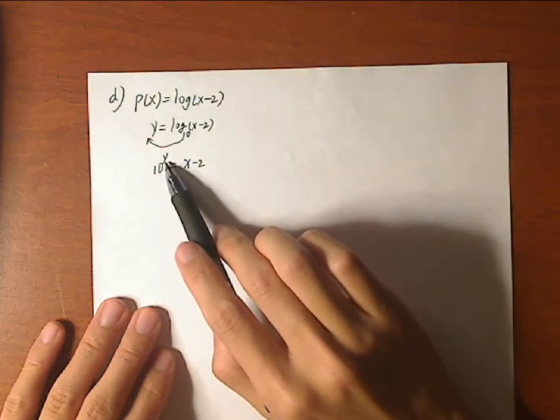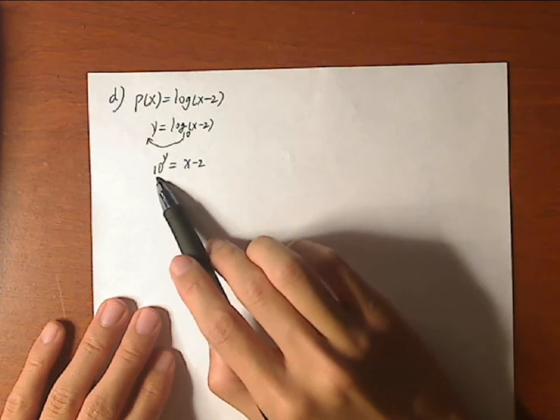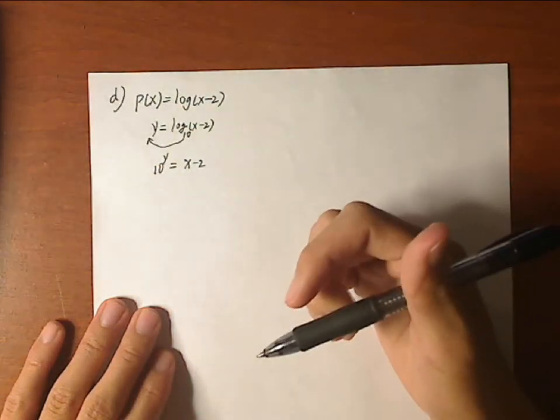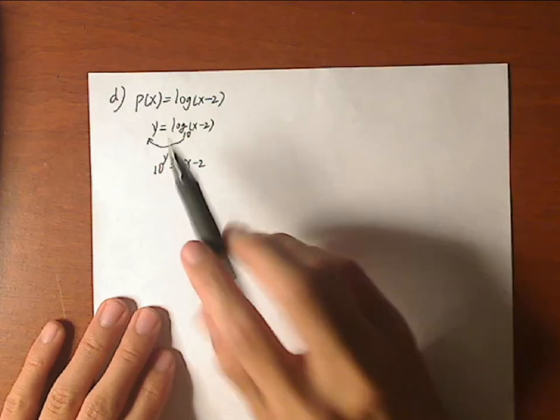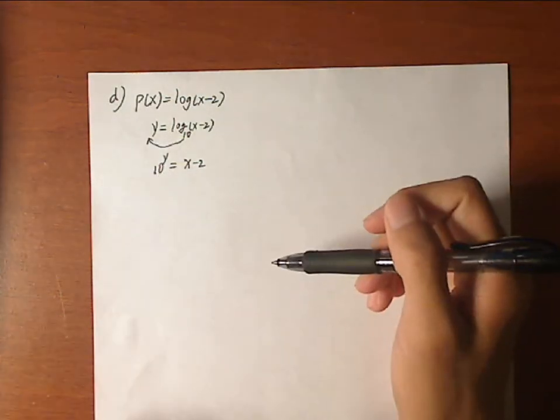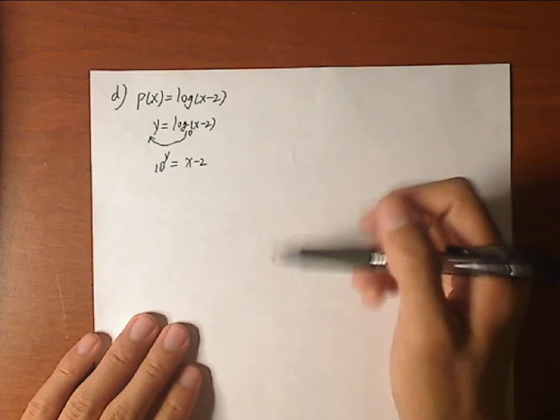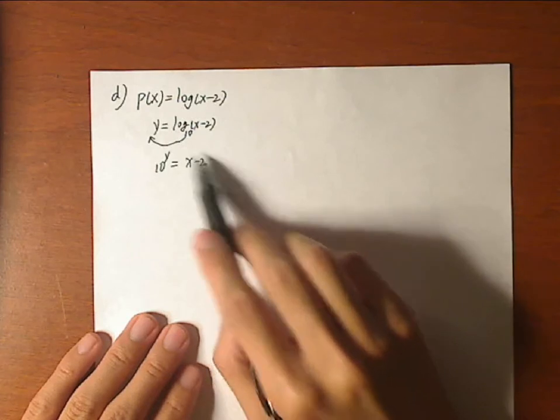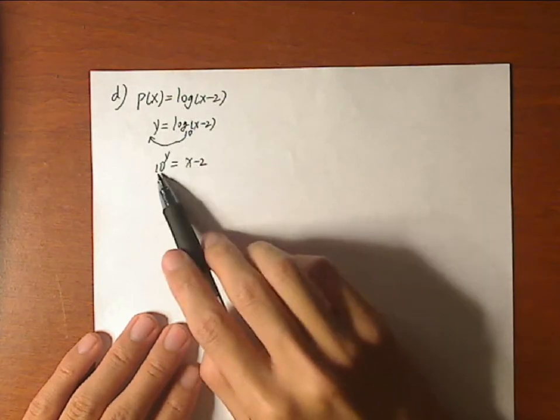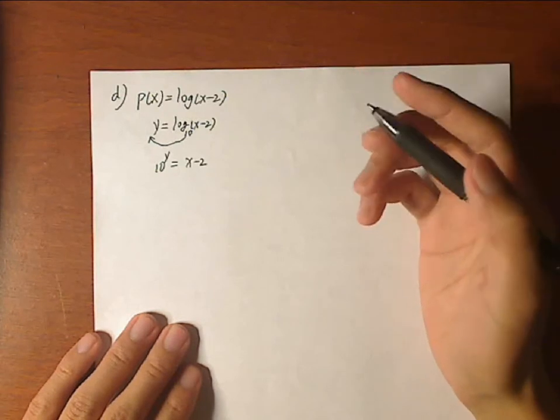But y can be negative, and a negative power just puts the 10 in the denominator. Say y is negative 1, that means 10 to the negative 1 becomes 1 over 10, which is still positive. So x minus 2 always equals a positive number.